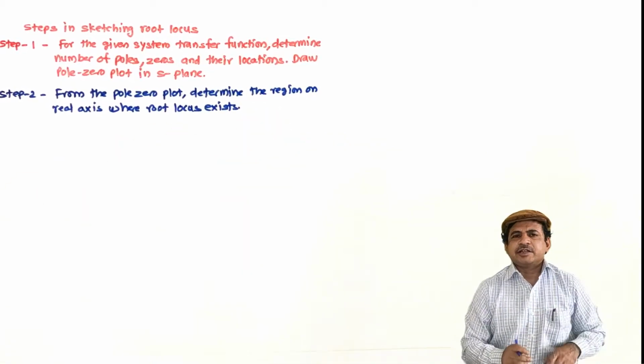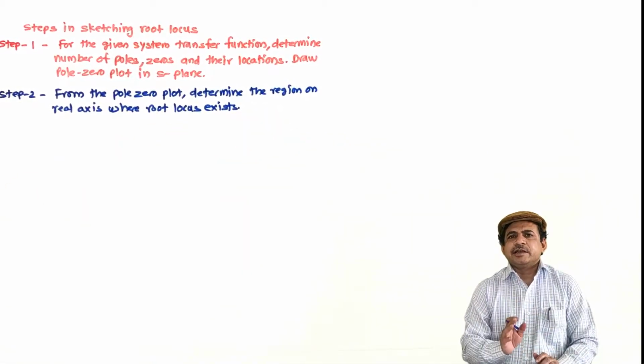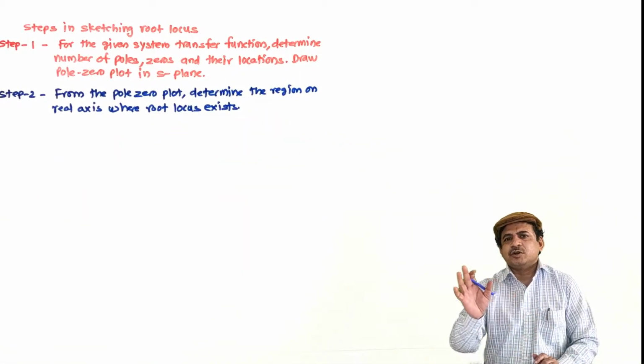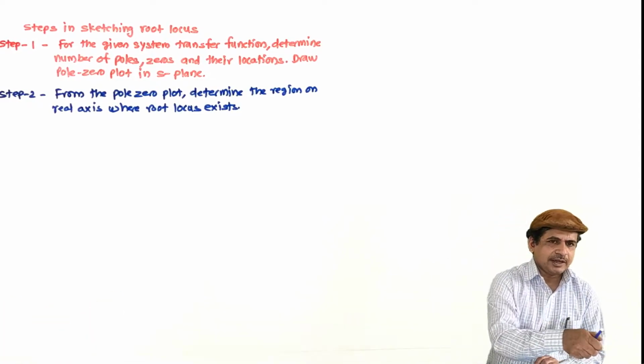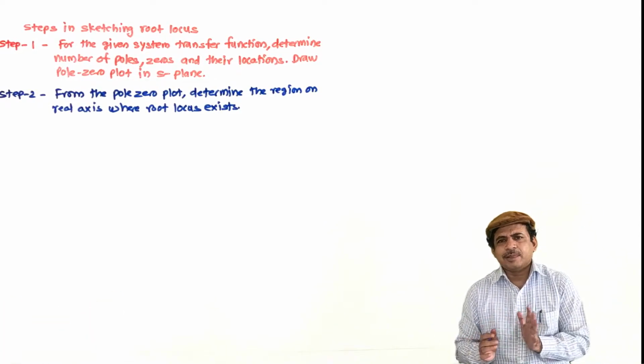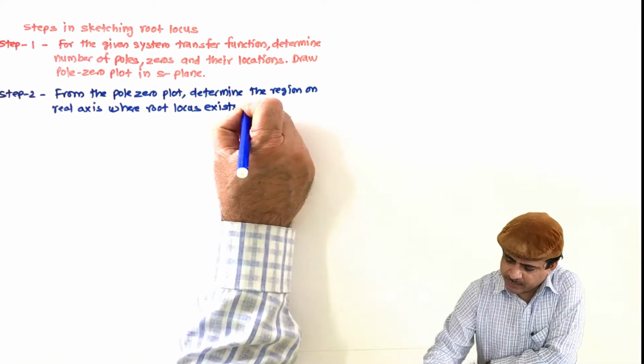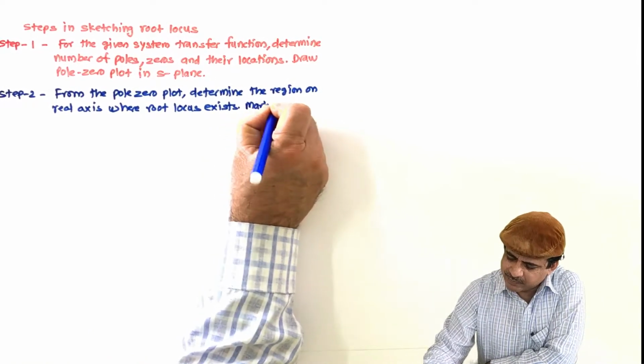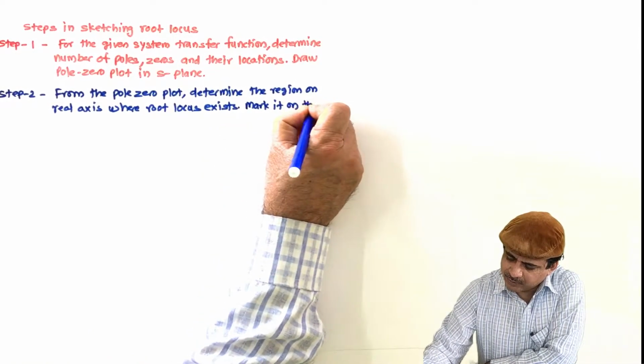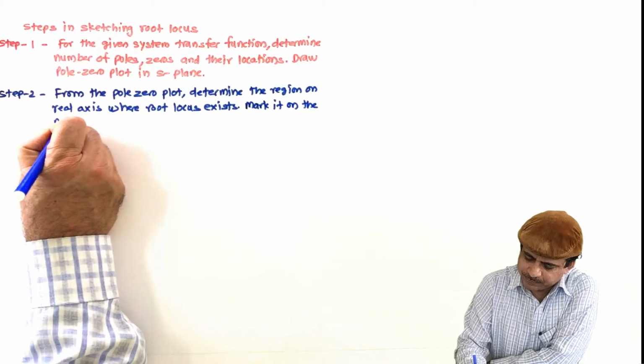That means step 2 is checking the existence of root locus on the real axis and marking it on the pole zero plot. I will write it here: mark it on the pole zero plot.